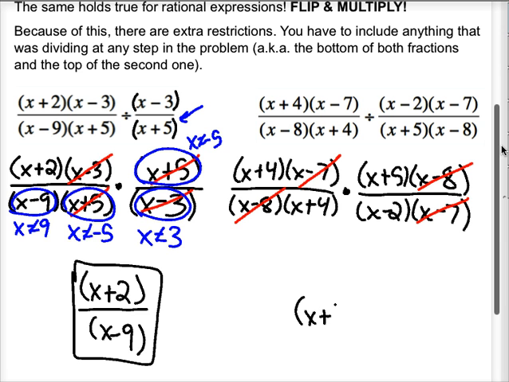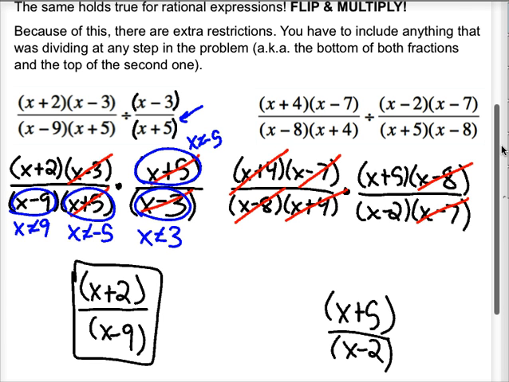So I have x plus 4 and x plus 5 left on top. And actually, I forgot to cancel something, didn't I? Those x plus 4s. So I just have x plus 5 left on top and x minus 2 left on the bottom. All right, so that is my simplified expression.